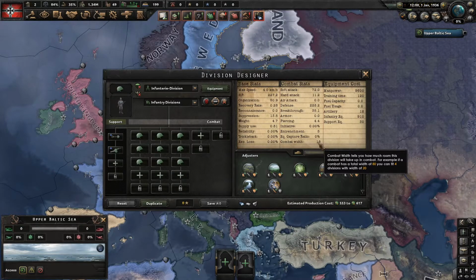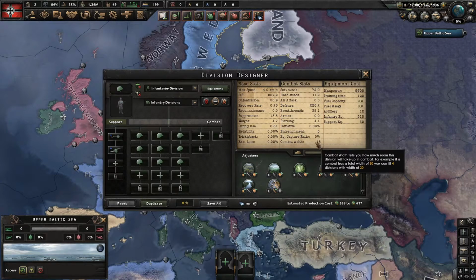And because it's always quite a big number, you can divide by 4. It's always very good to compose divisions with a combat width dividable by 4, because that will mean you can squeeze in the most divisions into an attack, into the front line, and attack the enemy.